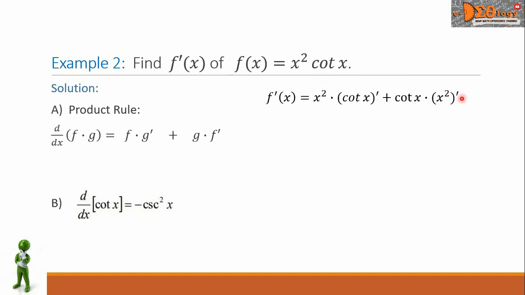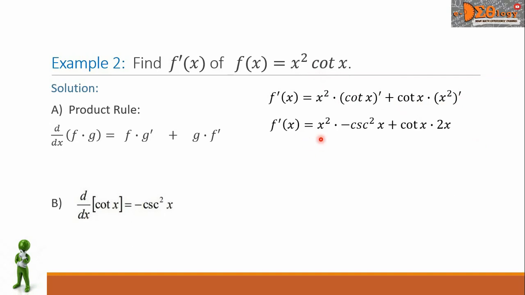So we see the prime symbol here. Let us now simplify the derivatives. So we have x squared times the derivative of cotangent x, which is negative cosecant square x, plus we copy again this cotangent x times the derivative of x squared, which is 2x.